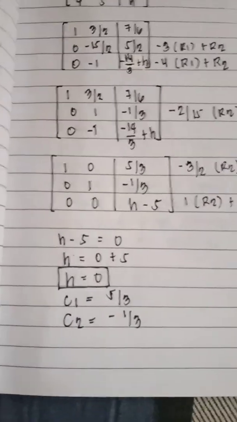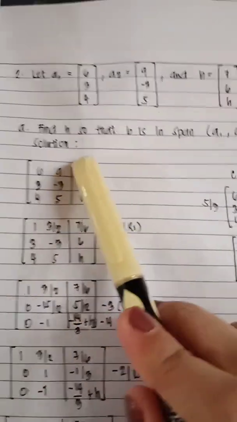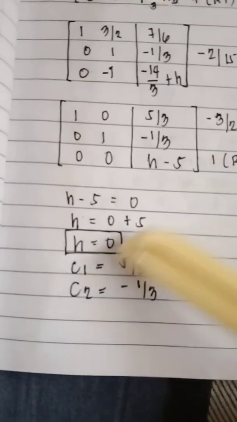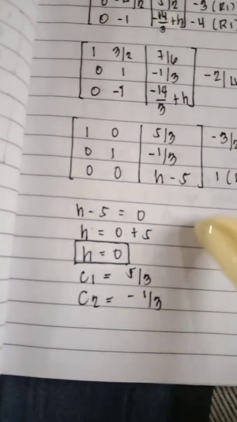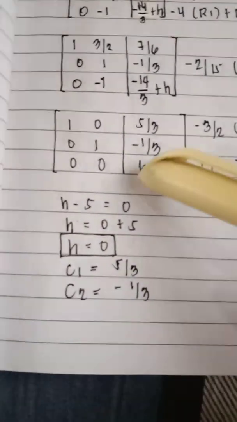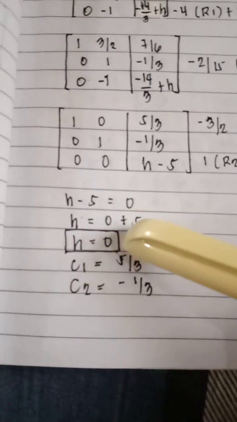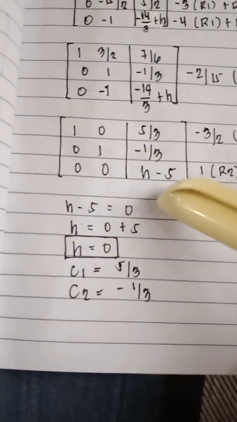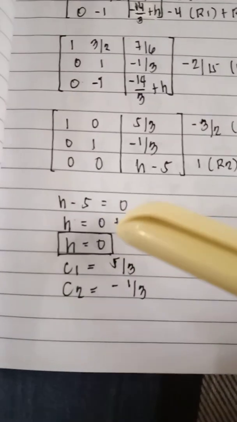So, what we are looking for is the value of h. So, h minus 5 we equate to 0 to get h. So, h equals 0 plus 5. We transpose the negative 5 to the other side so it becomes positive 5.